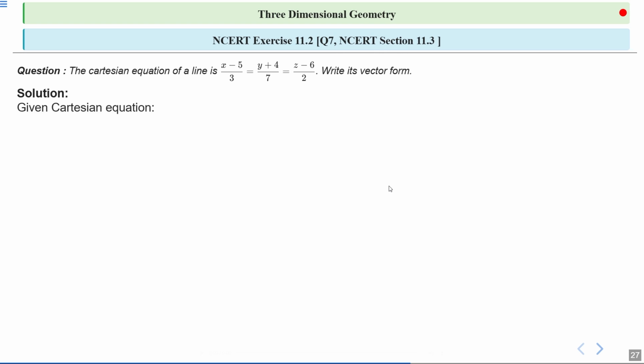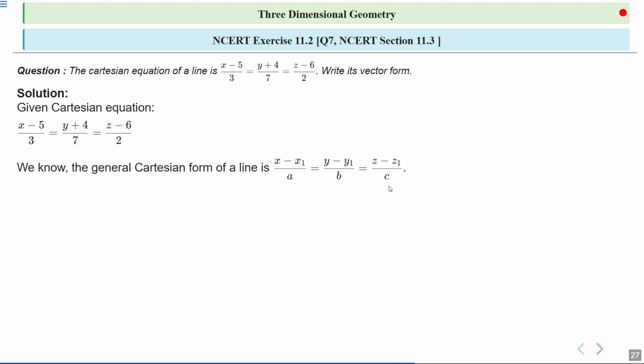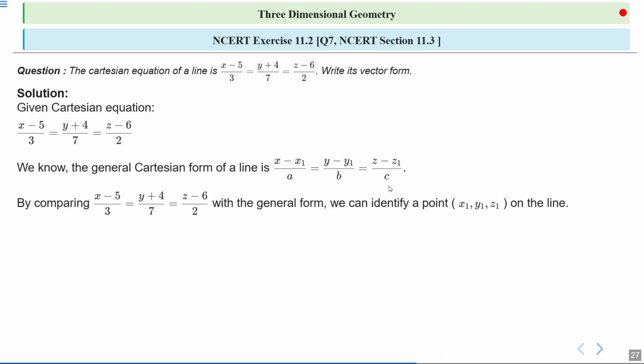So given Cartesian equation, x minus 5 divided by 3 equals y plus 4 divided by 7 equals z minus 6 divided by 2. Now notice how the general Cartesian form of a line in 3D is written as x minus x1 over a equals y minus y1 over b equals z minus z1 over c. By comparing our given equation to the general form, we can pick out the values for x1, y1 and z1.